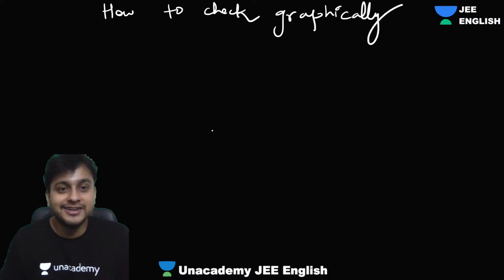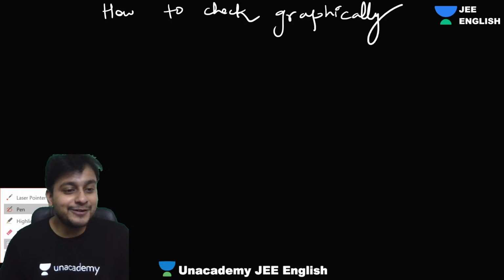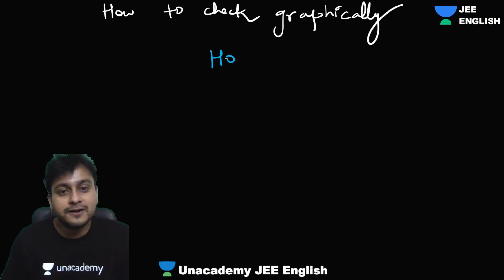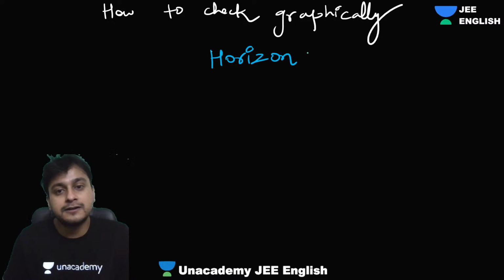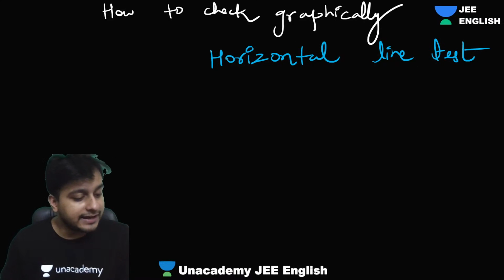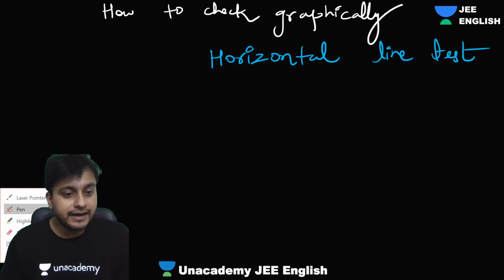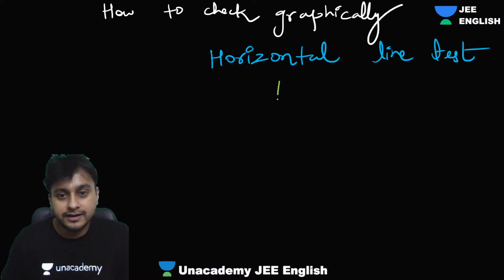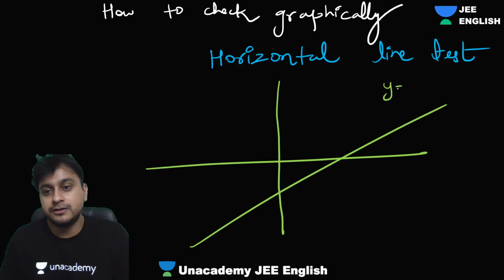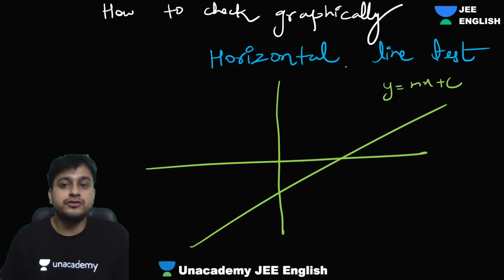What we will do this time is called the horizontal line test. Let's suppose we have a graph like this. Let's draw a line, y is equal to x plus something. We have to check, example 1, whether this is one-one or not.